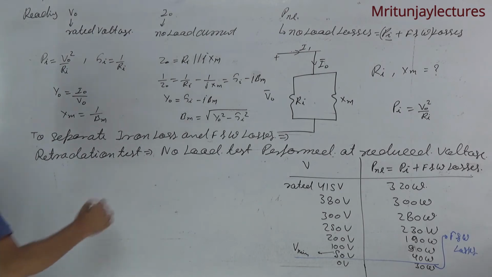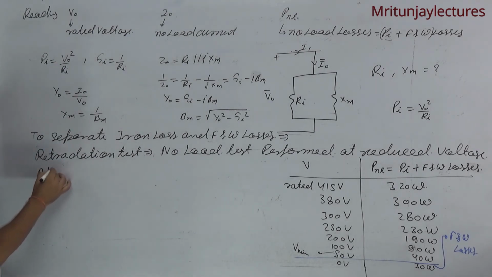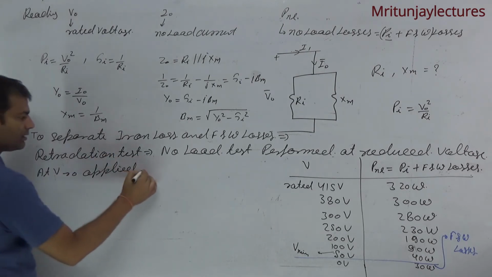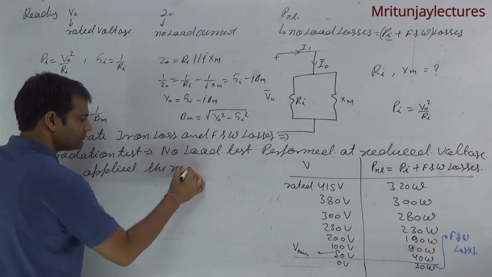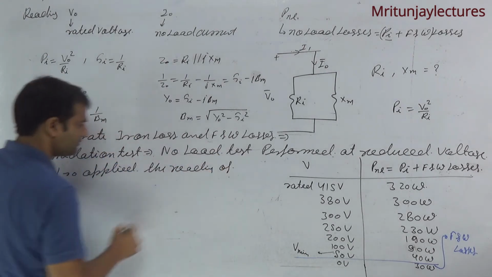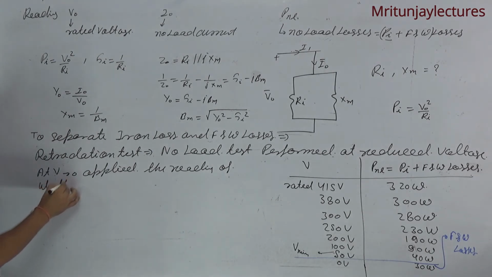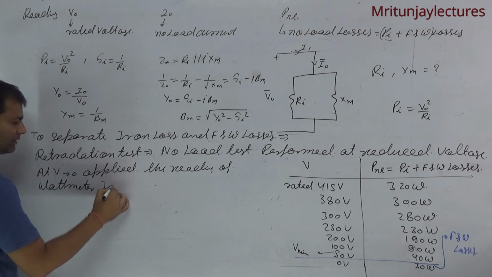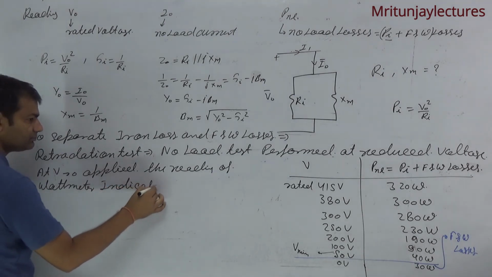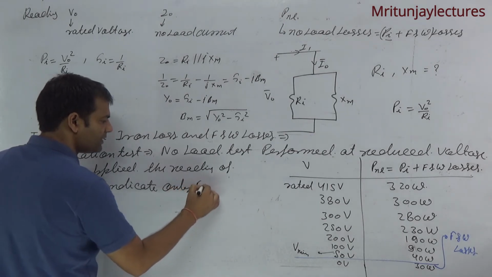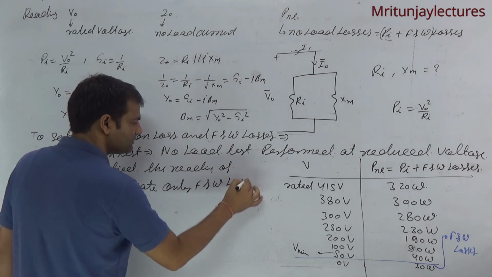Now, written as at V tends to 0 applied, the reading of the wattmeter indicates only friction and windage losses.